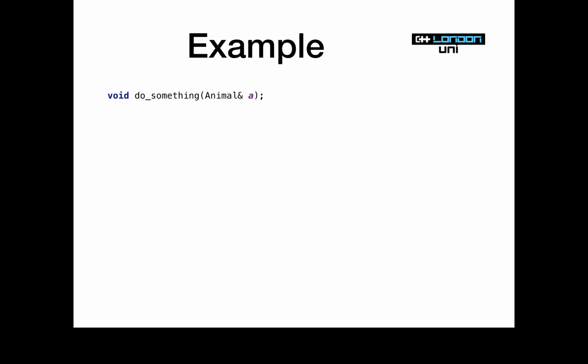So let's have a look at what our code looks like if we use this unique pointer. Unique pointer is what's called a class template. It's like generics in other languages. So we have to tell it what the type is that we want to contain. In this case, we want a unique pointer to an animal.